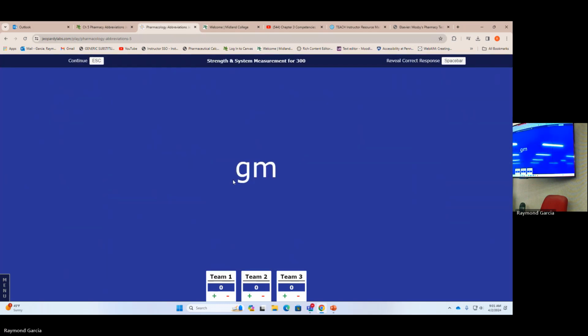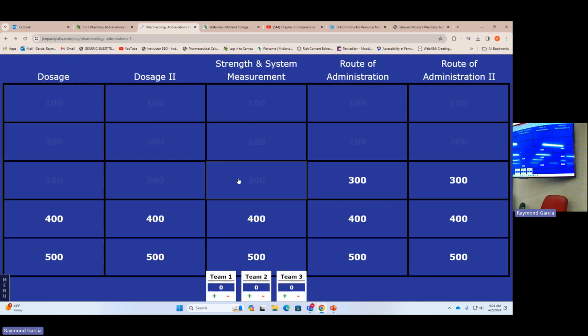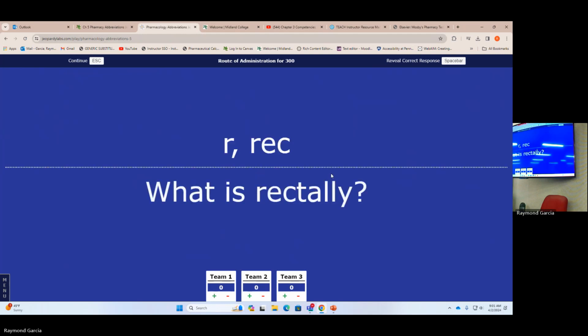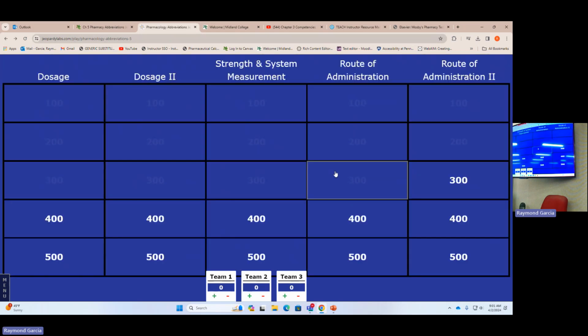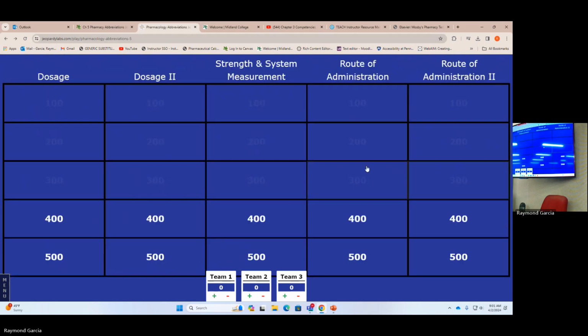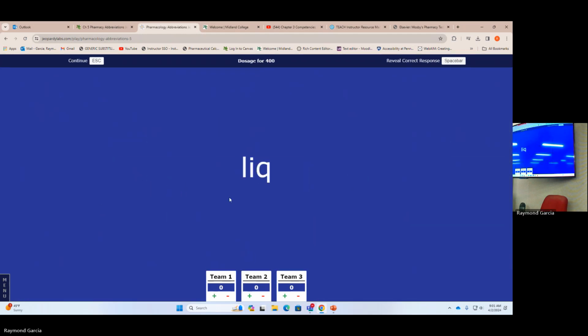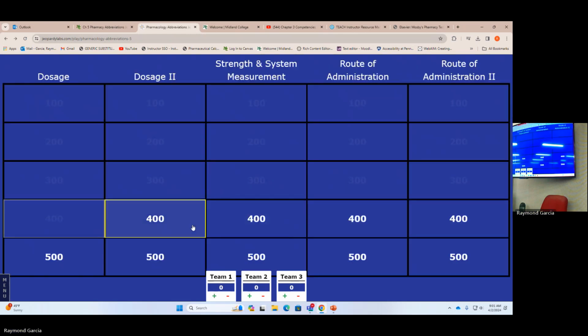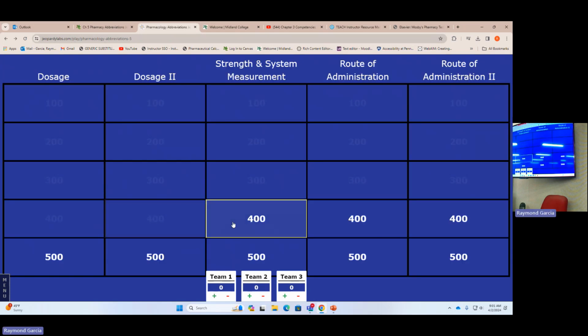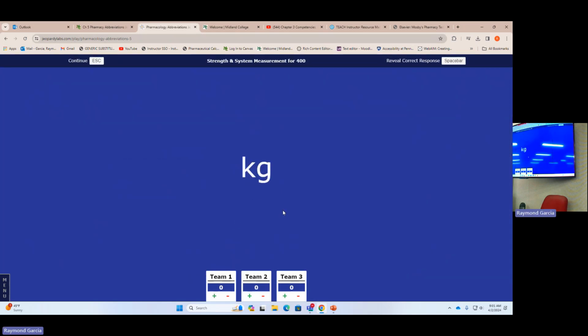GM, measurement: gram. I guess this is a repeat. PR is also per rectum or rectally. INJ, injection. Liquid, easy: syrup. Kilogram.